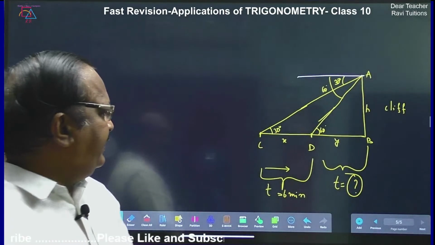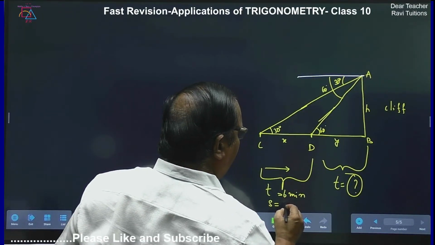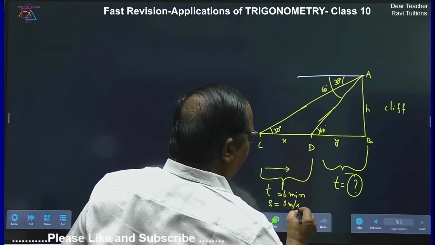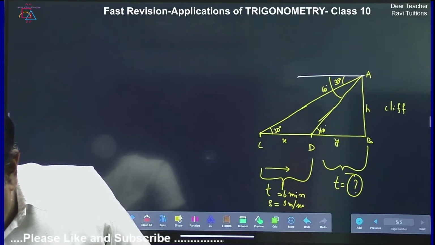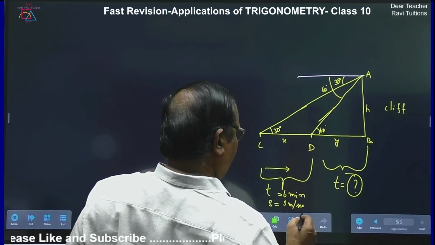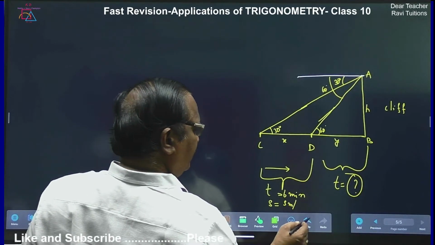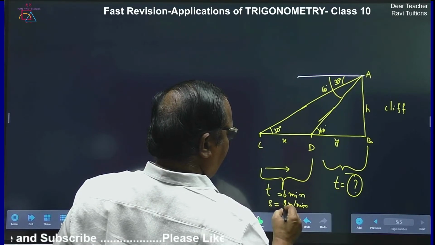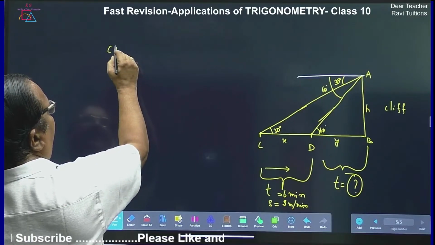Speed, let us say, is equal to s meters per second. Speed is equal to s meters per minute, sorry, not second, because the time is in minutes now. So now CD we will calculate.